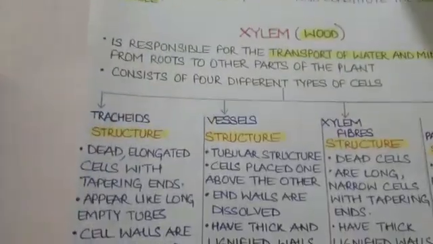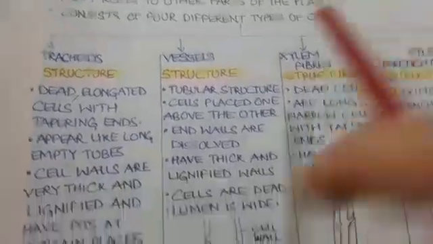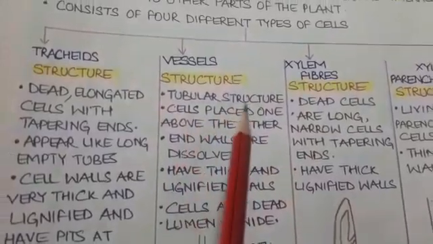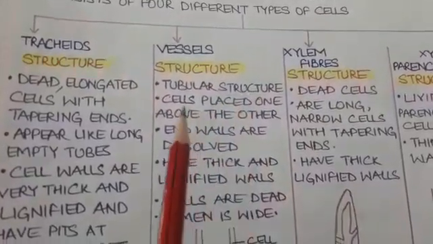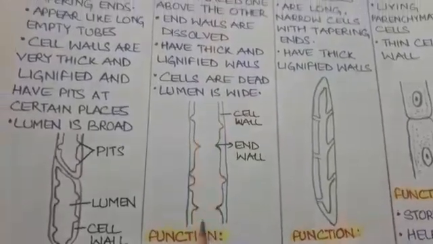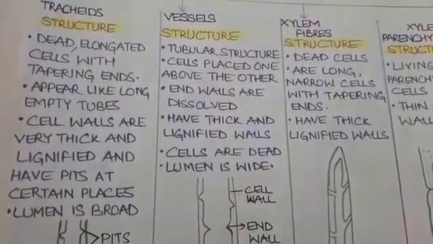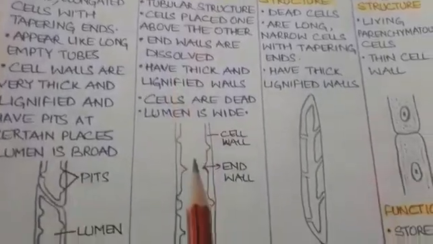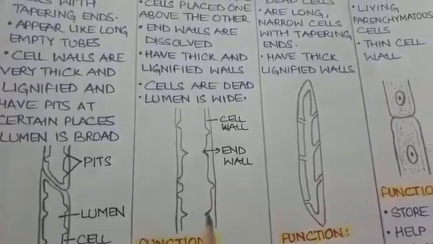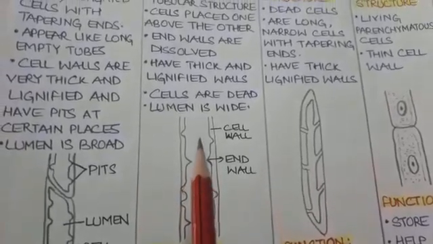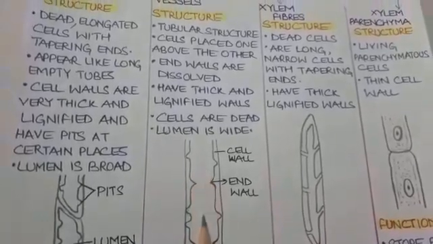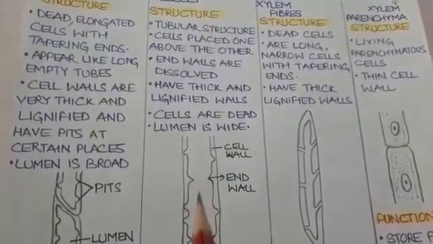The second type of cell is xylem vessels. These are tubular structures. Tubular structure means tube-like structures. Again, the cells are placed one above the other, forming a continuous column. Now, in vessels, the end walls are dissolved. They have degenerated so that the cells have direct contact with the lumen.